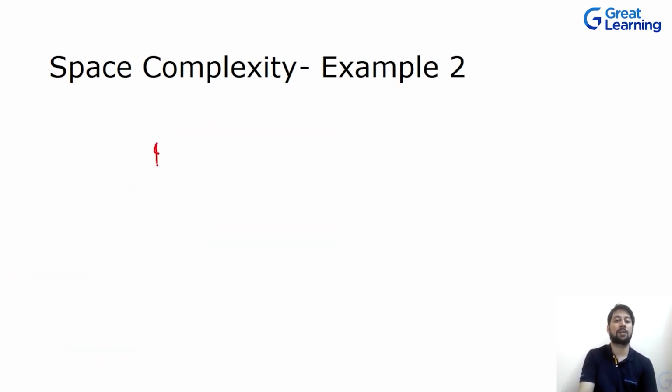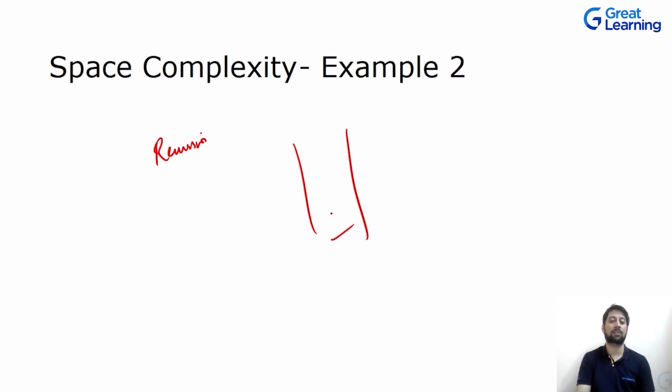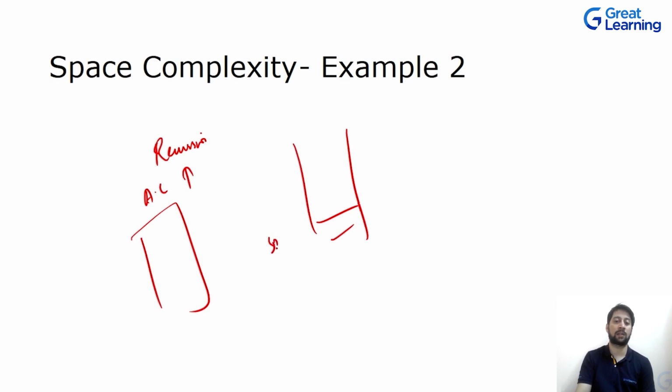Let's suppose you're using recursion. Now you might be thinking, internally you are not using any extra space, but what happens in recursion? Every time there is a recursive call, that means a function calling itself, an activation record is created and a stack is used internally, wherein your main function will be there, and each function calling itself will be pushed on the stack, and once you have returned, we will be popping it out.